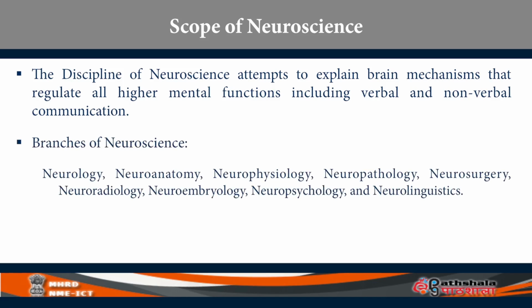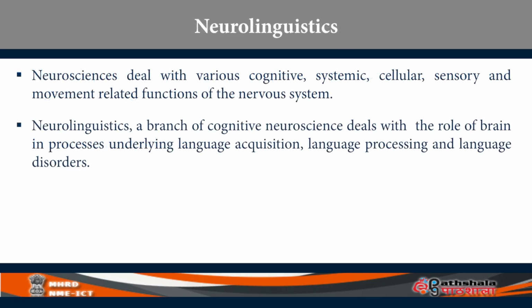Neuroscience has several branches, many of which I am sure you are familiar with: neurology, neuroanatomy, neurophysiology, neuropathology, neurosurgery, neuroradiology, neuroembryology, neuropsychology, and neurolinguistics. Neurosciences deal with various cognitive, systemic, cellular, sensory and movement related functions of the nervous system. Neurolinguistics is only one branch of neuroscience.